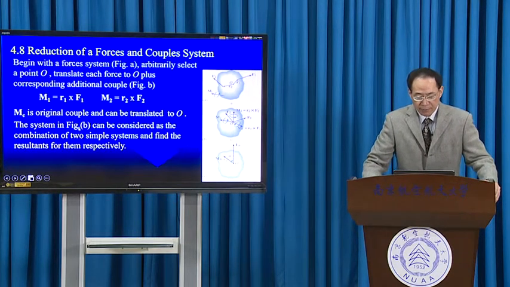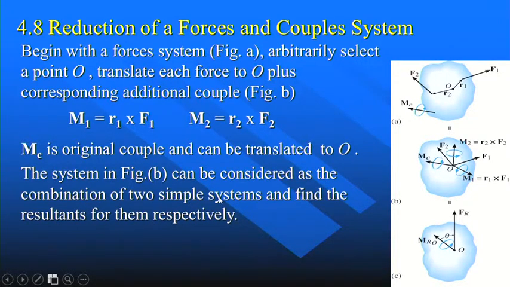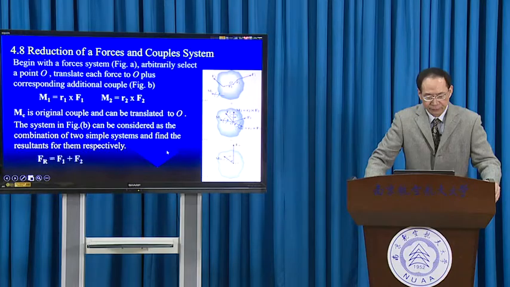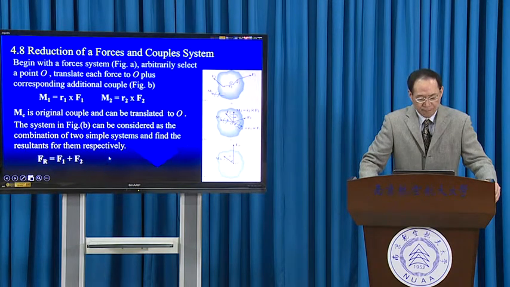The system in figure B can then be considered as the combination of two simple systems. One is a concurrent force system, the other is a system of couples. Then we find the resultants for both simple systems, respectively. For the concurrent force system, we get the resultant Fr, which is equal to the summation of all forces, vector summation.